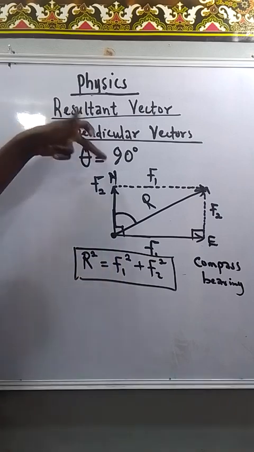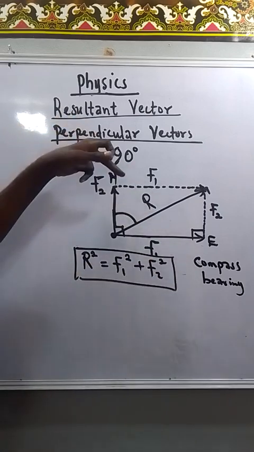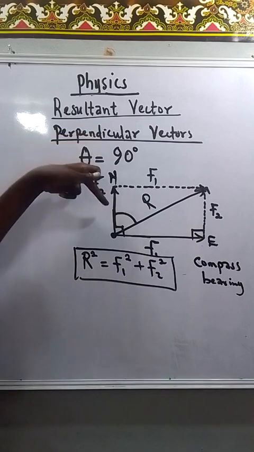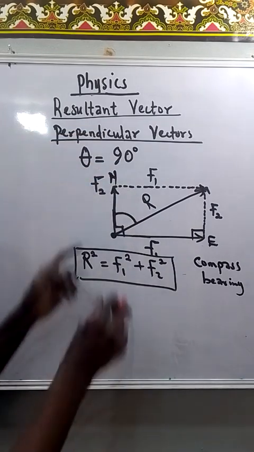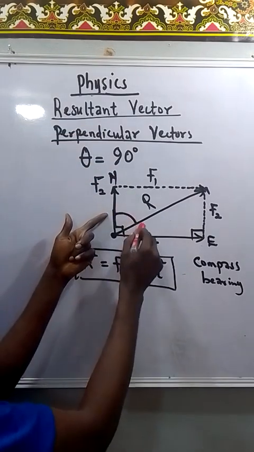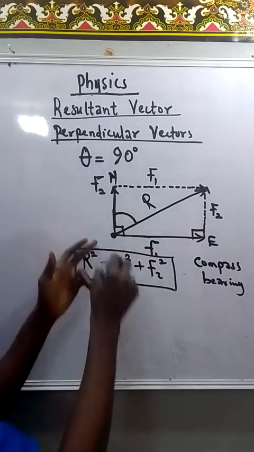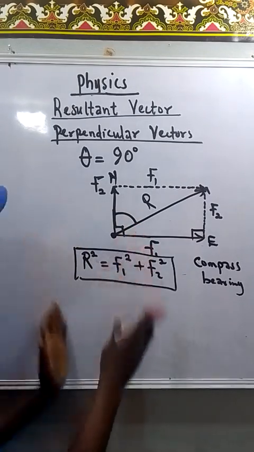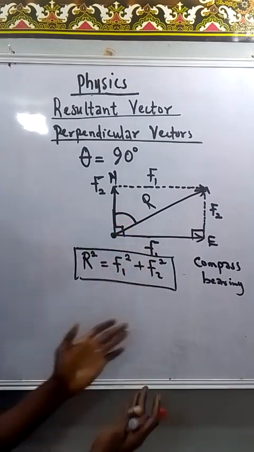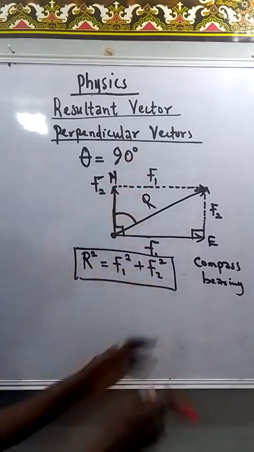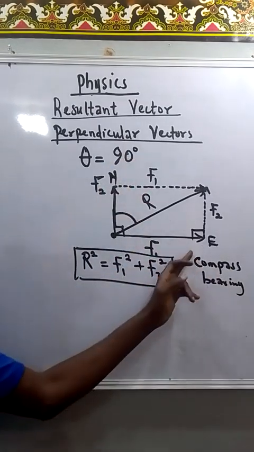Under compass bearing, we move from north to wherever our line is. If the vector diagram is downward, we move from south. North and south are reference points under compass bearing.